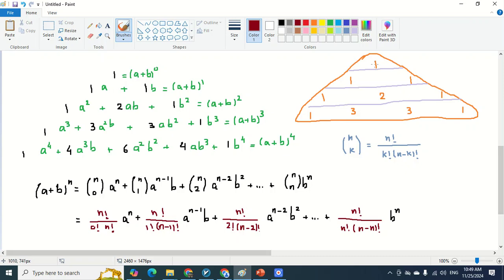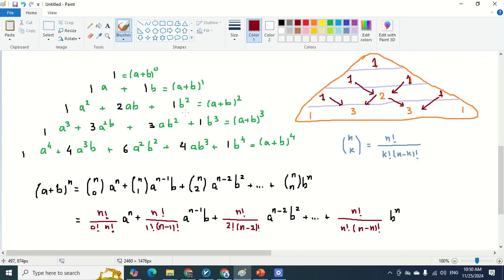If you have a triangle as follows, where you put 1 at the top and 1 on the side of each one, and then add these two values to get 2 in the middle, and again 1 at the edge of this triangle, and again add them to reach the next numbers, that means 2 plus 1 is 3, and again 2 plus 1 should be added to get 3. Then you have a Pascal triangle.